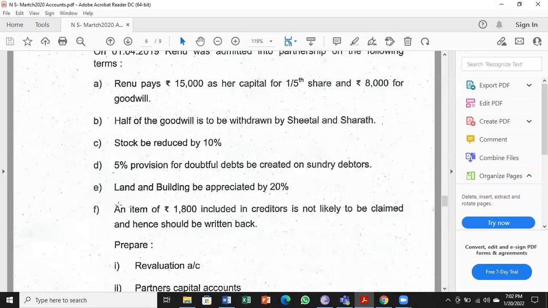Next, F adjustment. An item of 1,800 included in creditors is not likely to be claimed. That means creditors will not ask 1,800. So business need not pay 1,800. So liability will reduce. That's what they told, and hence should be written back.